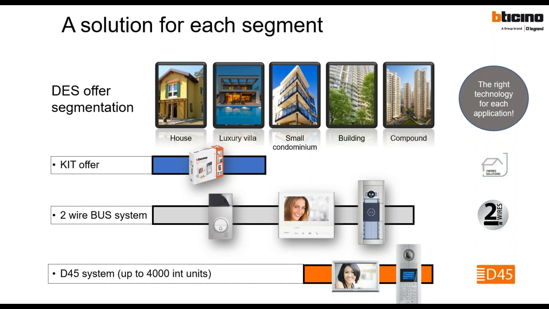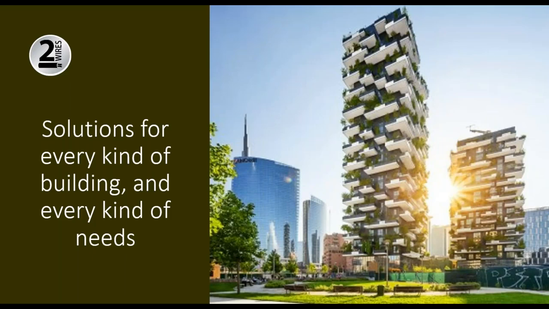It's not an IP solution, but it's just using a commodity in the market that is the Cat5 cable, that is mainly designed for big towers and big compounds. Just to give you an example, the typical environment could be the Asian market, like China cities, Dubai, where there are skyscrapers. So today we will be focused on the two-wire system. So we have a solution for every kind of building and every kind of need.